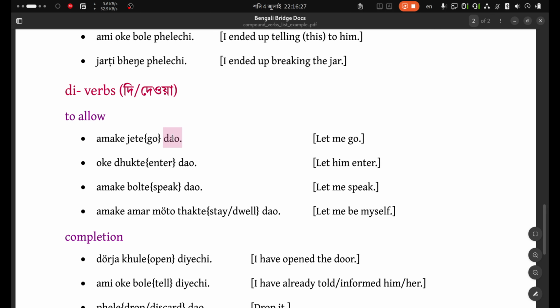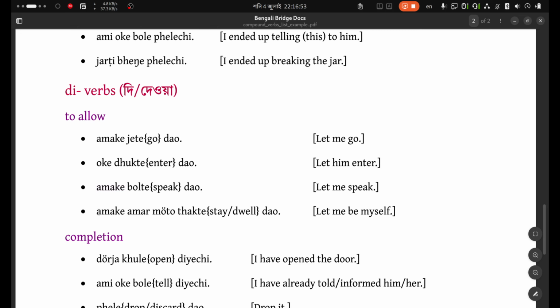Let me go, or allow me to go. Amake jete dao. Jete is the verb to go, and dao means to allow. Allow me to go. Okay. Dhukte dao. Let him enter. Amake bolte dao. Let me speak.